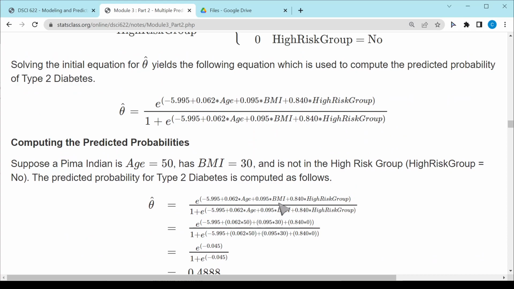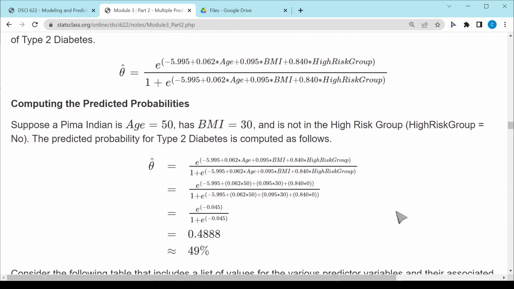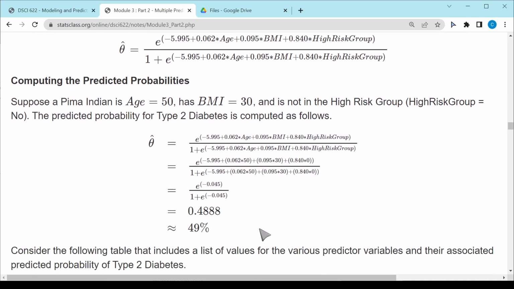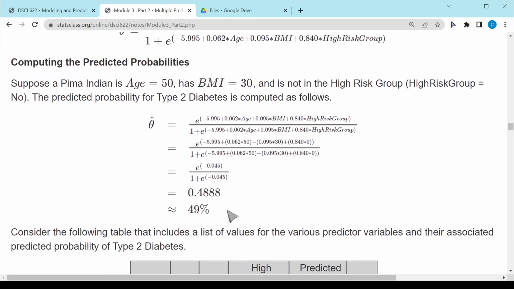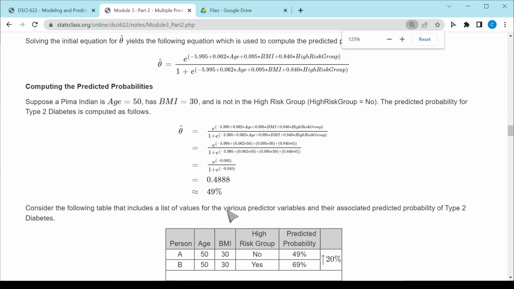I'm going to plug in 30 into the equation for BMI, and I'm going to plug in 0 here because she's not in the high-risk group. All this ugly math comes down to about a 49% chance that she has diabetes. So for this particular woman, the predictive probability is going to be 0.4888.